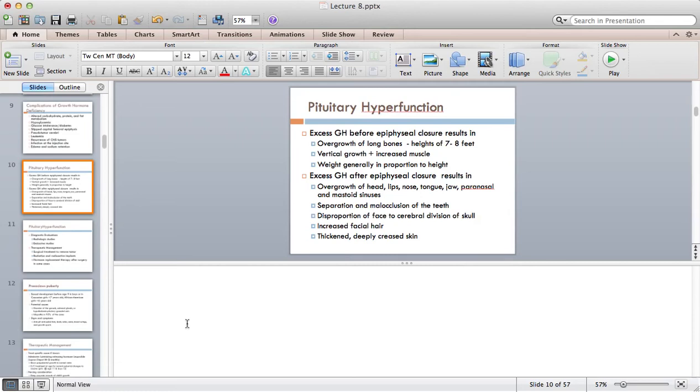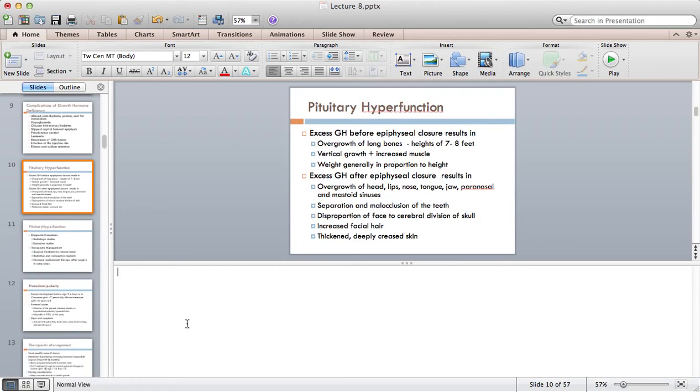So now you start seeing all these upward changes in the shape of the head and of the bones. So with that, there is a disproportion between the height, between the weight of the person and all this distortion in their bone and facial muscle.